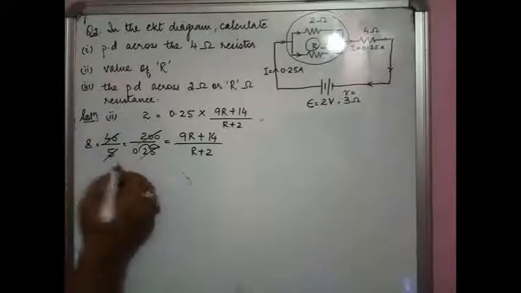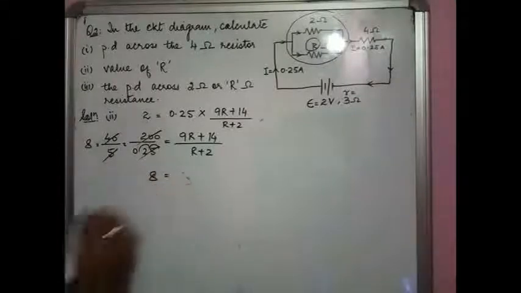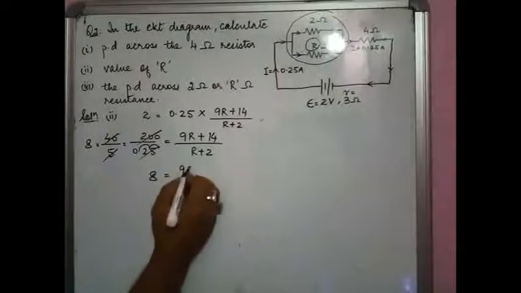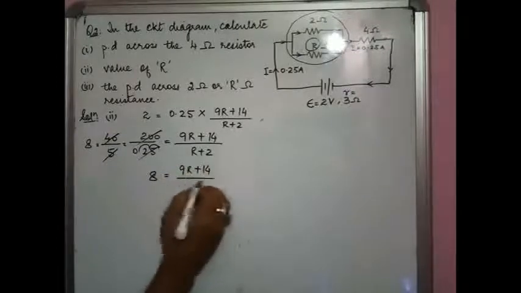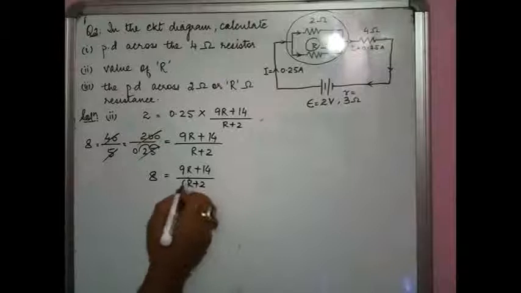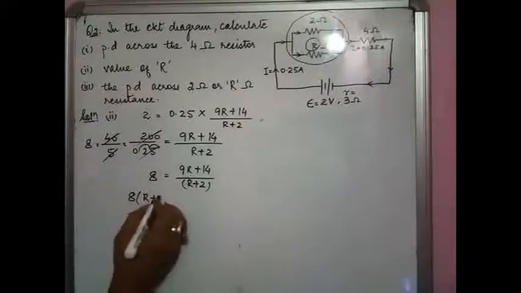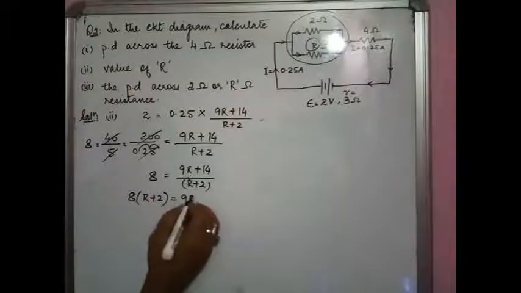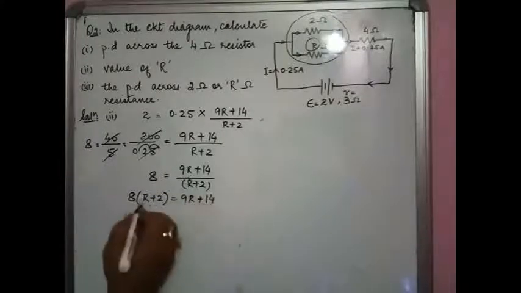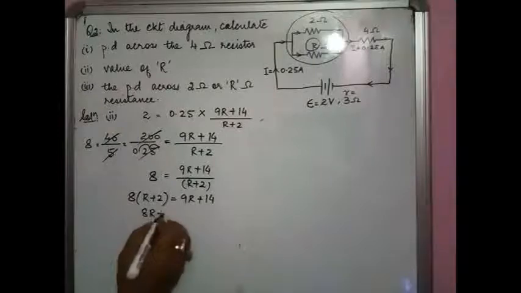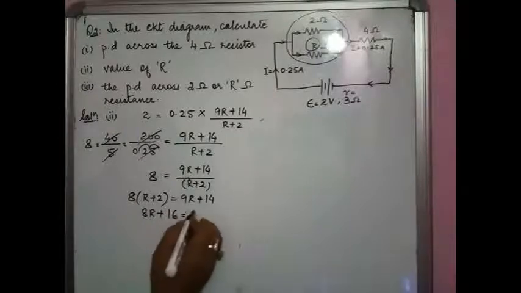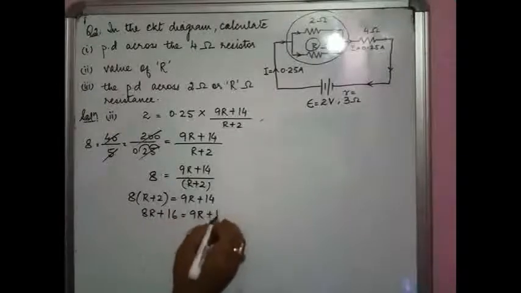Okay, so left hand side you are left with 8, and right hand side you have 9r plus 14 upon r plus 2. This r plus 2 can come here, so you will have 8 multiplied by r plus 2 equal to 9r plus 14. 8 goes inside, so you have 8r plus 16 is equal to 9r plus 14.